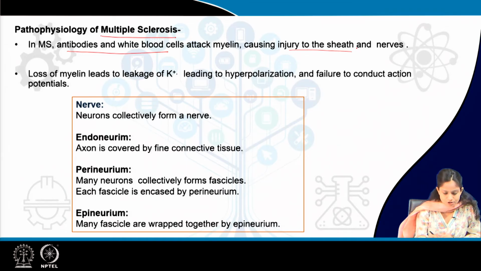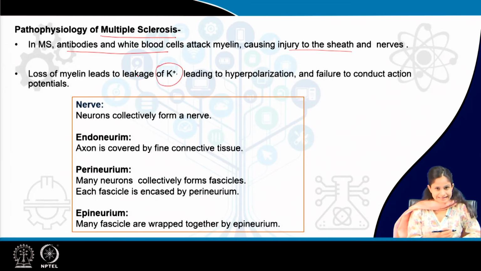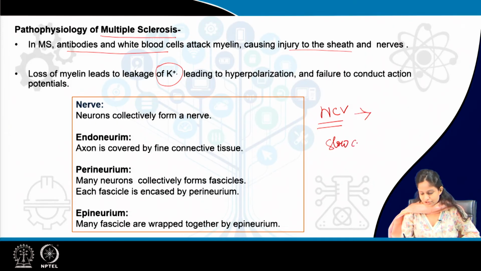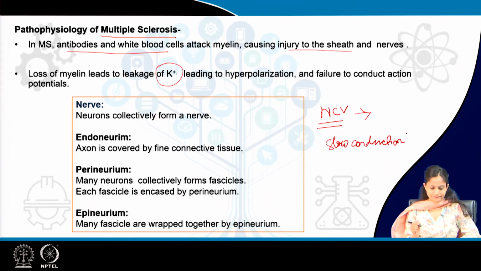There will be leakage of potassium ions leading to hyperpolarization of the neuron, and hence there will be less conduction. These patients usually complain of muscle fatigue, slow conduction, not being able to work properly. And in nerve conduction studies, NCV, this electrophysiological study, we see slow conduction. The conduction velocity is highly decreased.